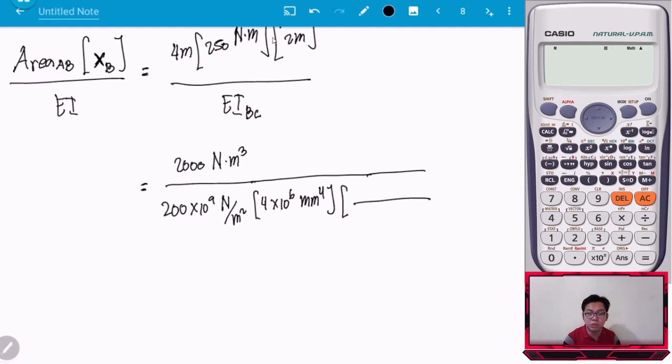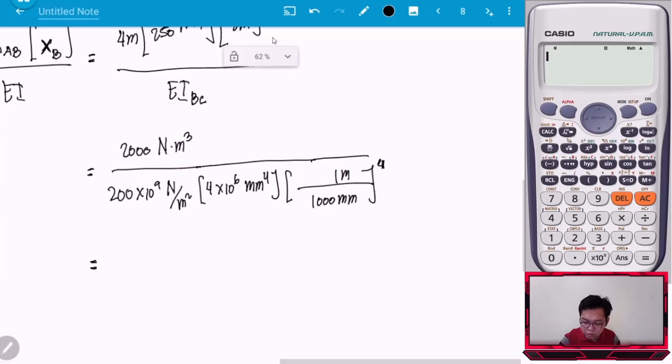So, bali, 1 meter is 1,000 millimeter, di ba? Tama. So, to the power 4 lang to. Okay? So, meaning, ang makukuha ko ditong sagot is, ano to? Tignan nyo, ha? It will cancel out.